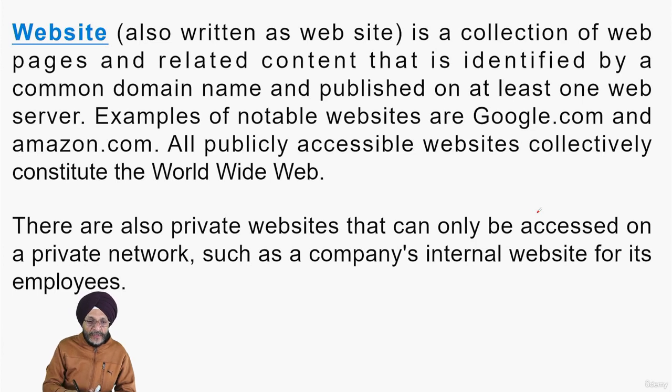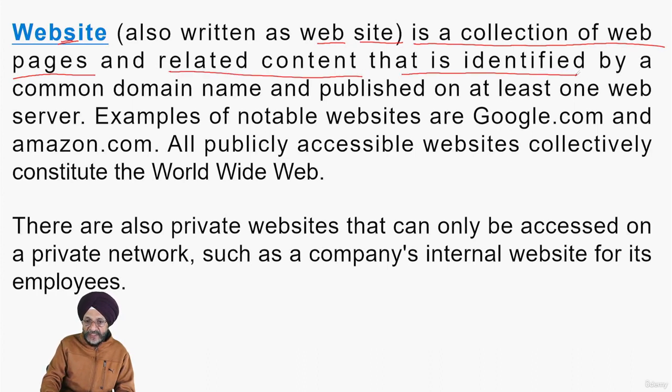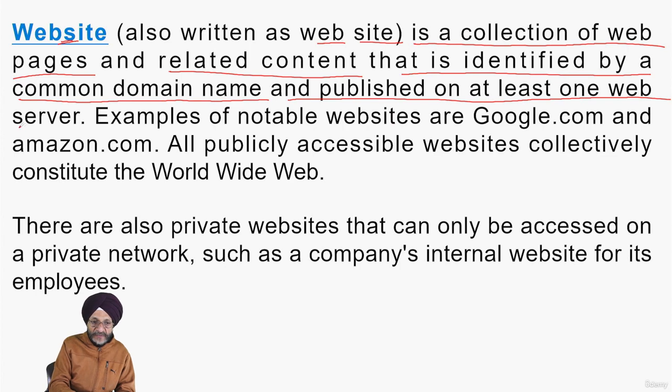Now, what is the meaning of website? Website may be written this way, or web and site may be written separately. A website is a collection of web pages and related content that is identified by a common domain name and published on at least one web server.